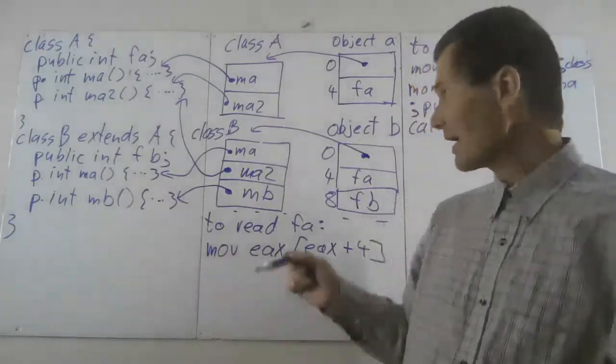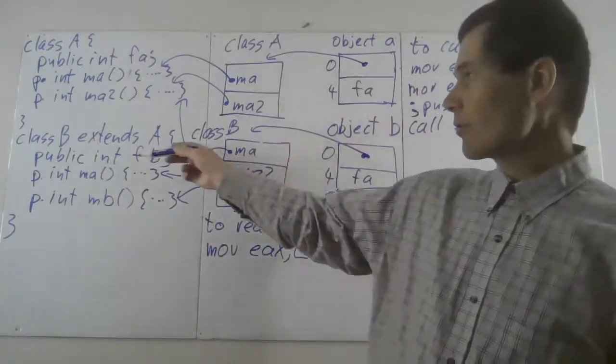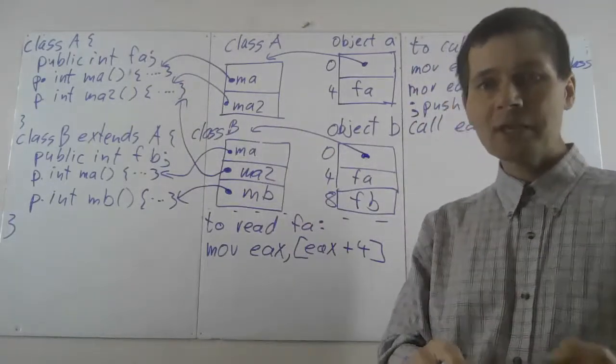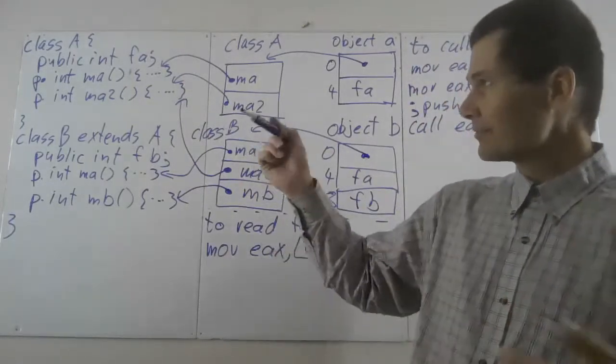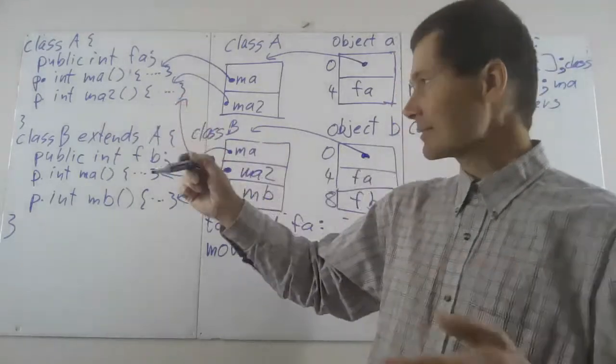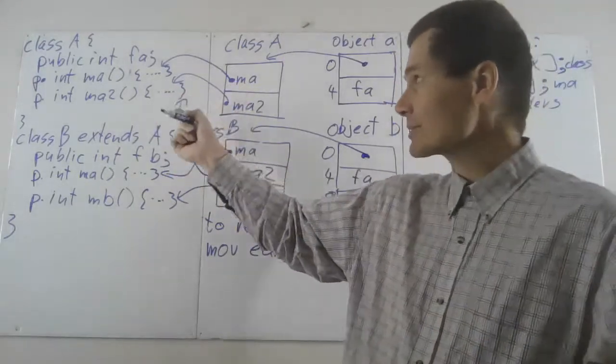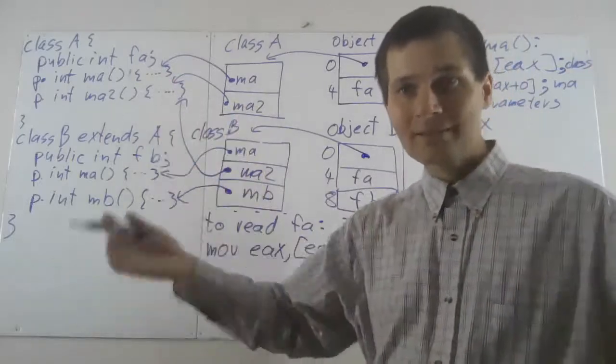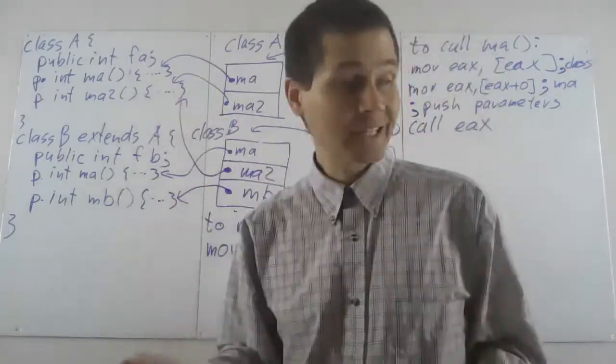So I don't have to have this kind of search for the implementation of that private method. If I have a call to a method, let's say MA3 was a private method, there's only one MA3, there's only one implementation.